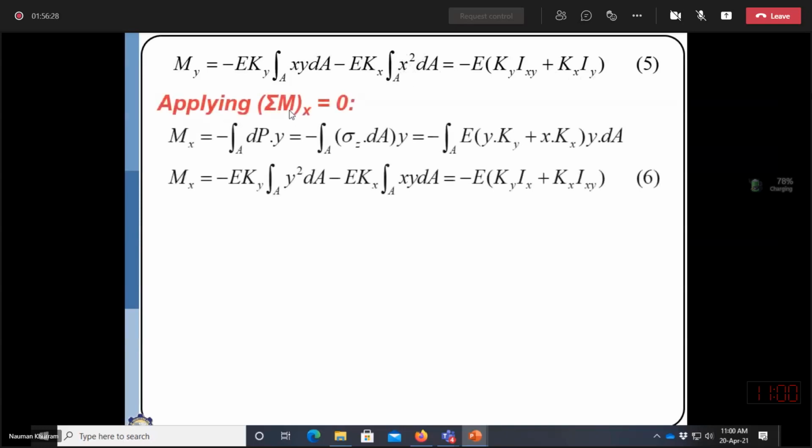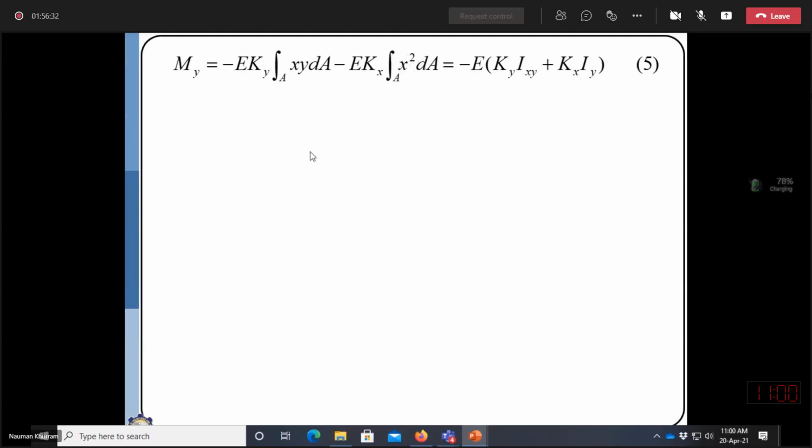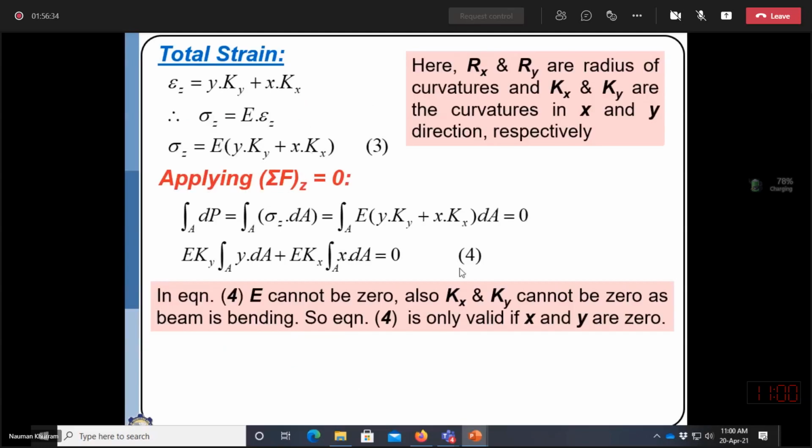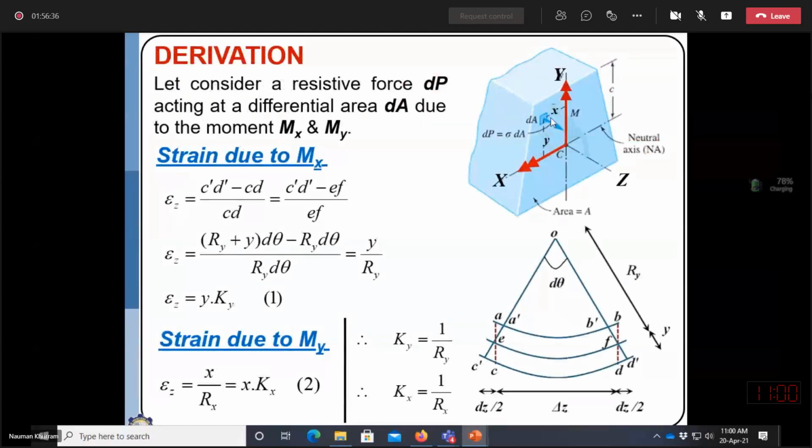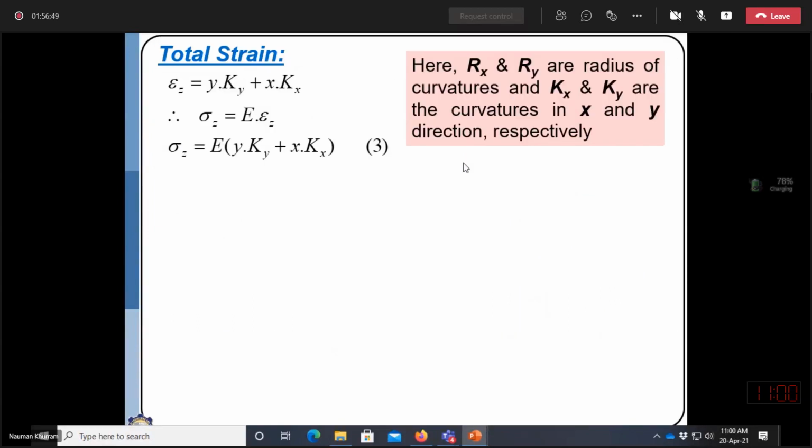Similarly, if we take summation of all moments about x-axis, so if we want to take the moment of this force dp about x-axis, the moment arm will be y, and this moment must be equal to the applied moment about x-axis.